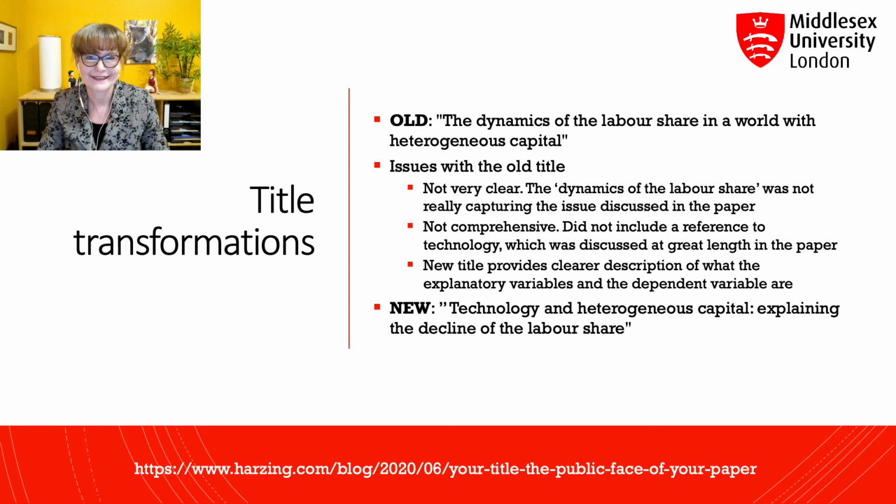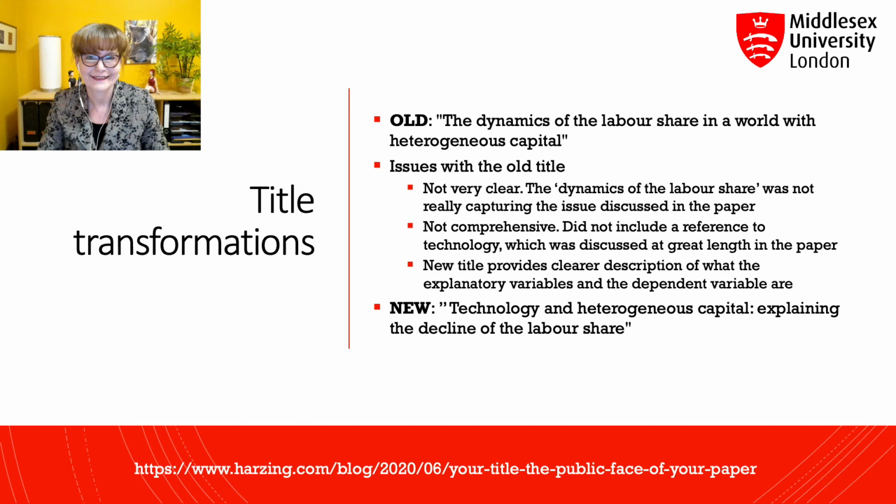And here is another example of an old title that, although not as long as some of the previous ones, still had an overload of nouns and wasn't really clear about what the key contribution of the study was. The dynamics of labour share really wasn't capturing what the issue discussed in the paper was. The issue in the paper was the decline of labour share.